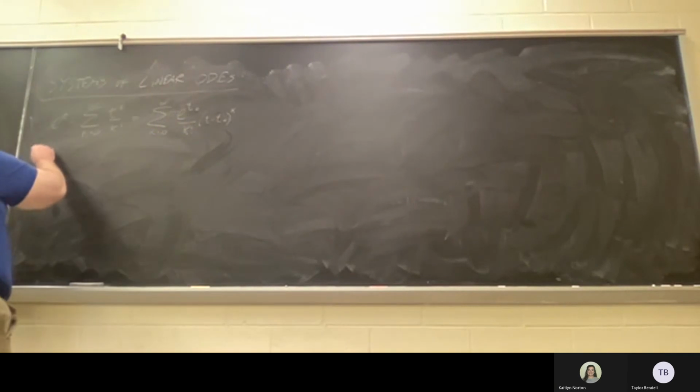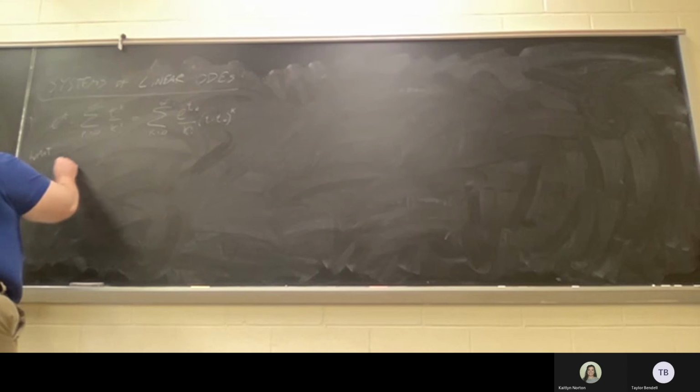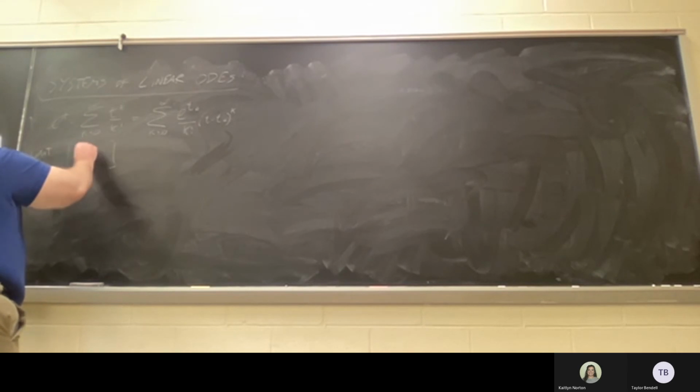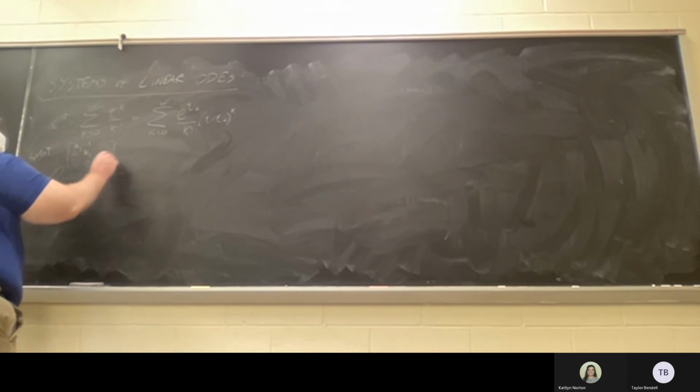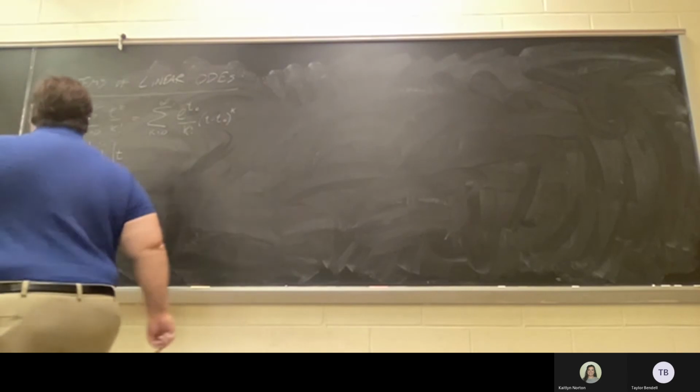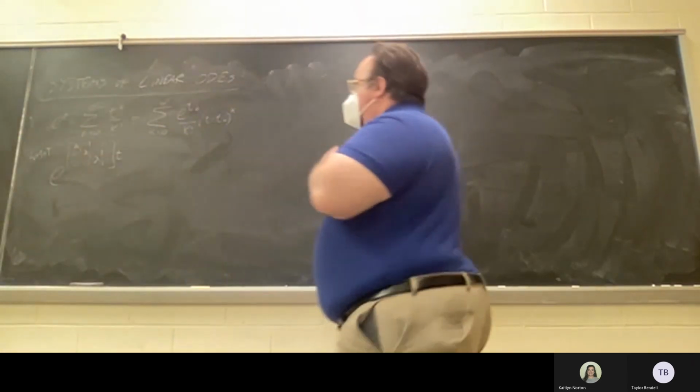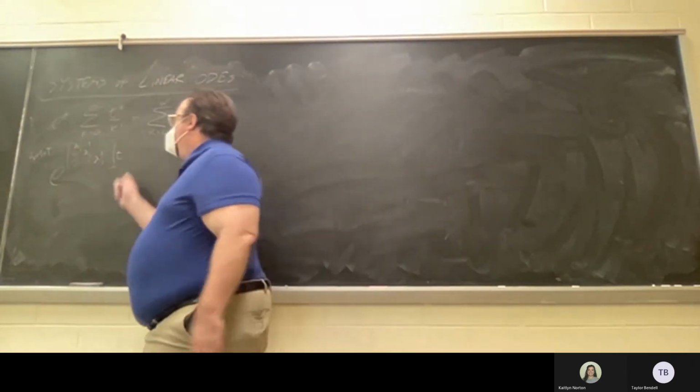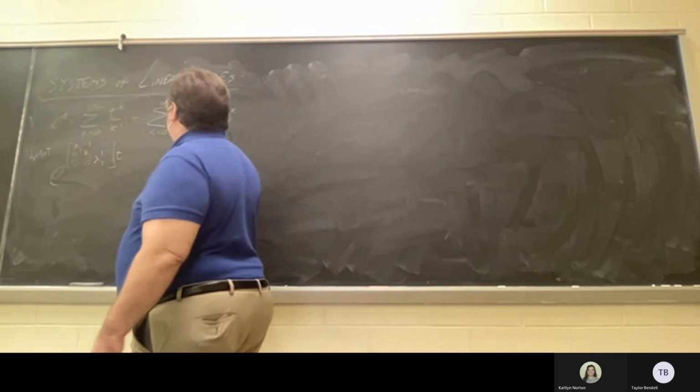So I want the exponential of this matrix with lambda 3 down the diagonal times t. You can think of this argument as playing the role of t in here.